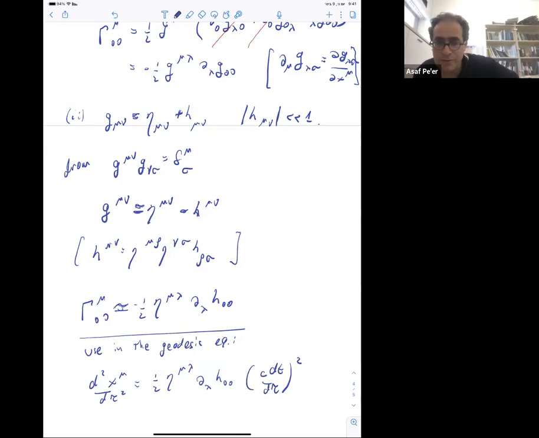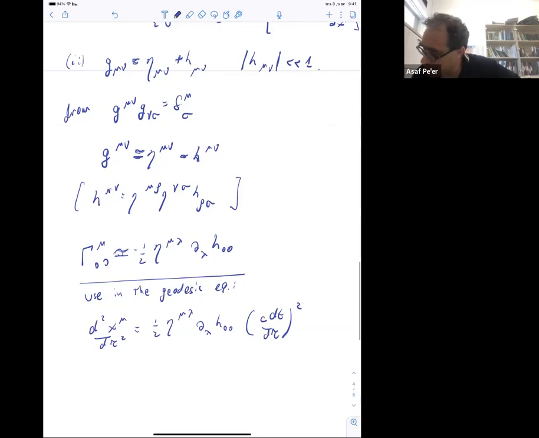Now that still doesn't look very much like the Newtonian limit, but we're actually quite close to what you're familiar with from Newtonian mechanics.